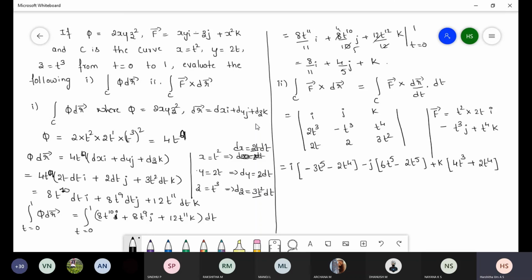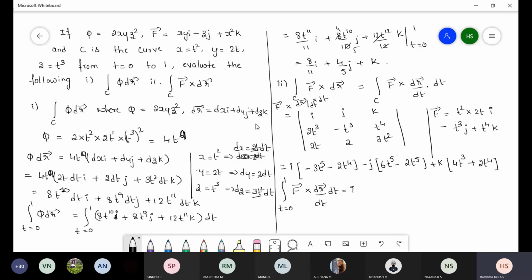Now this is the value of vector f cross vector dr divided by dt into dt. Now apply the integral, t is equal to 0 to 1, vector f cross vector dr divided by dt into dt.